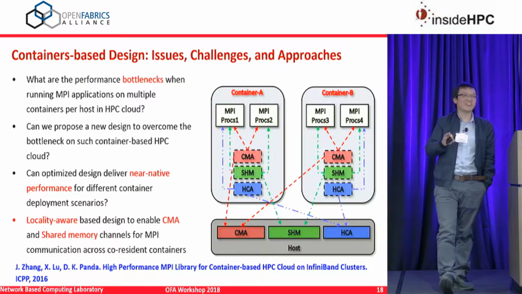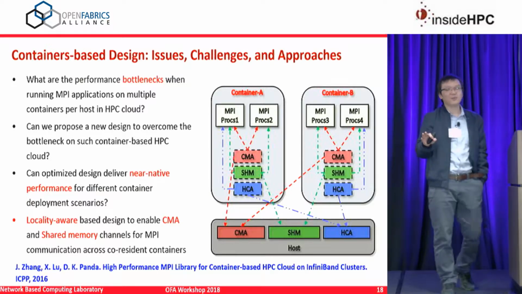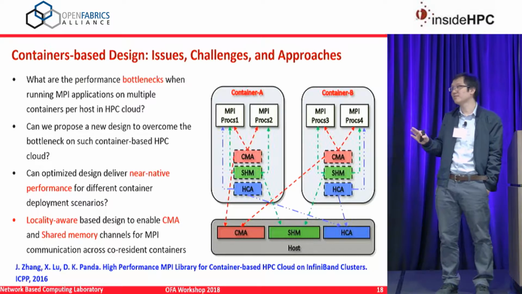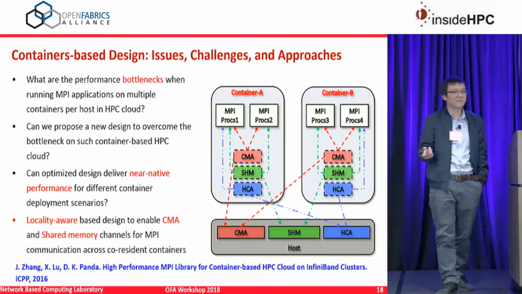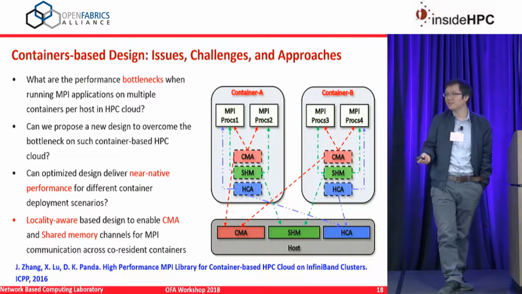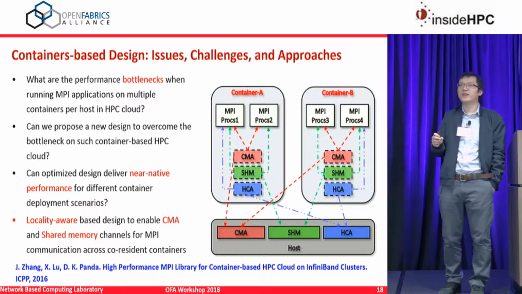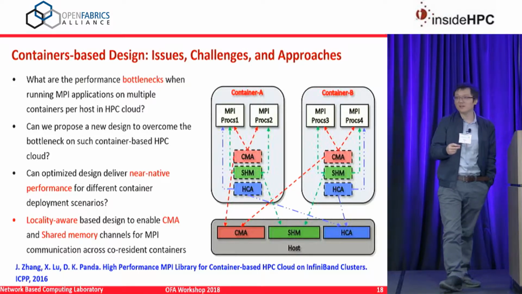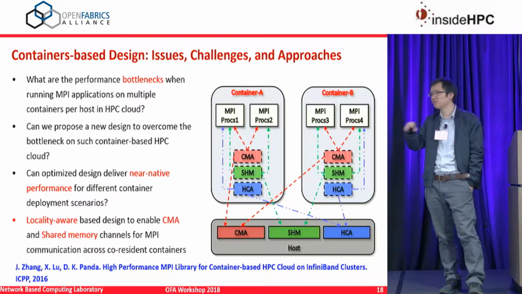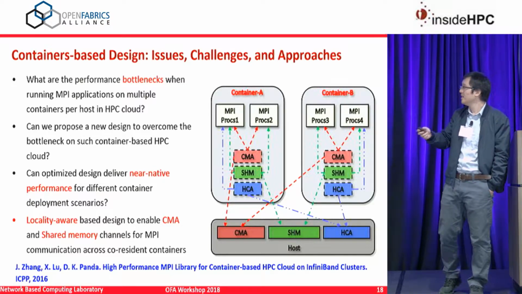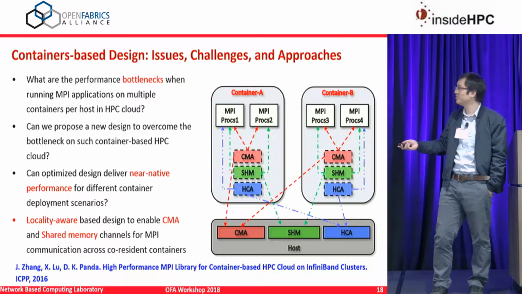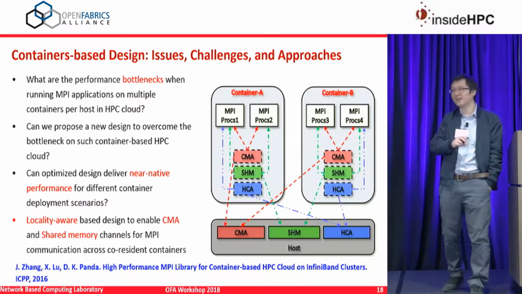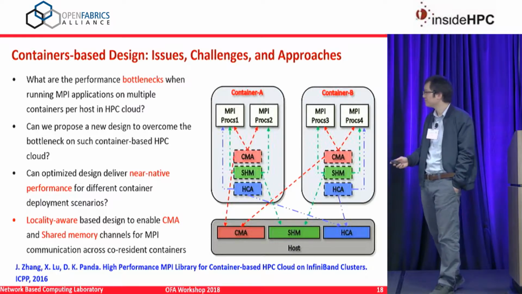In that case, a lot of MPI-level optimizations cannot be triggered, for example kernel-based copy, CMA, or shared-memory-based communication. So in this way, we have to detect your rank location based on the rank distribution. After we detect that, we are able to select the best path, either CMA or shared memory or HCA, dynamically. So that's the key.